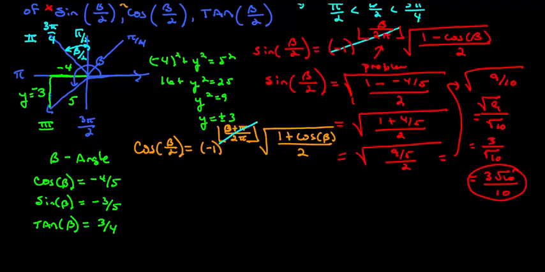This guy we're going to cancel out because we clearly don't know what beta is, so we really can't do any computation there. However, we know that beta over 2 is going to have to fall in quadrant 2, which means at that spot, the cosine should be a negative value. So we're going to make this negative 1.